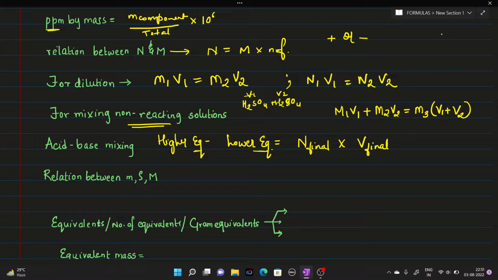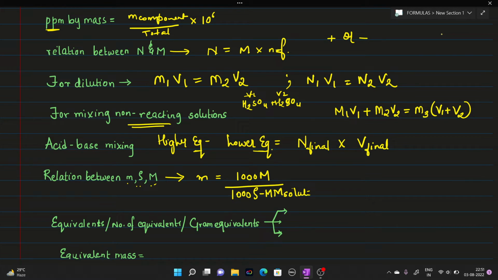Before that, the relation between molality, density and molarity: molality equals 1000 multiplied by molarity, divided by 1000 multiplied by density minus M into molar mass of solute.